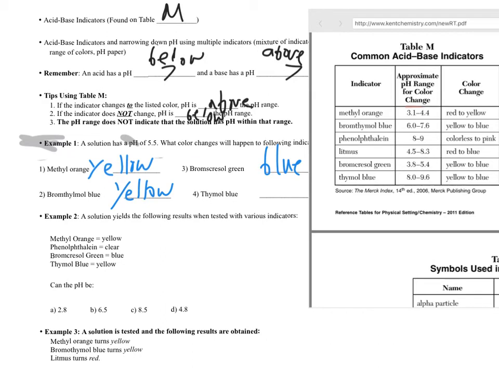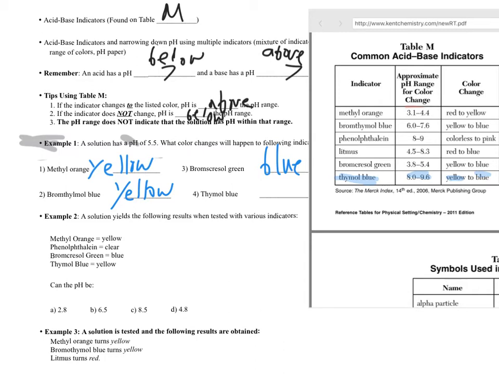Finally, we have thymol blue. Thymol blue is this last one right over here. It says the pH range is 8.0 to 9.6, and it changes from yellow to blue. 5.5, again, is much lower than 8.0. It's definitely on the lower side. It's not higher than that pH range, so it's not going to turn to blue.